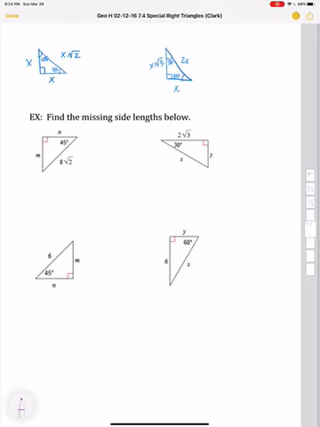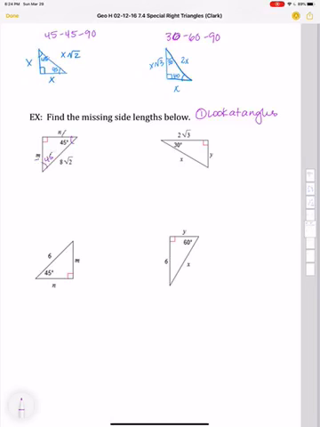So you have to look at the angles to know which one it is. Is this a 45, 45, 90, or is it a 30, 60, 90 triangle?